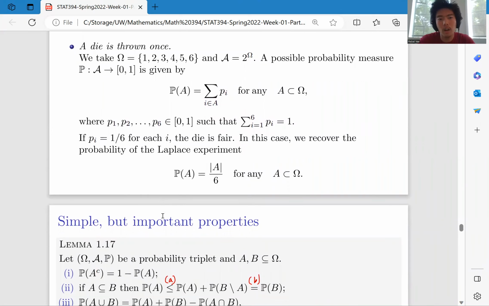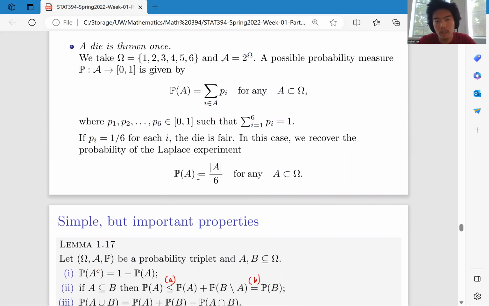And we say a die is thrown once. Notice that here we do not say it's a fair die. So although we know it has 6 faces, the probability for rolling each face is not the same.